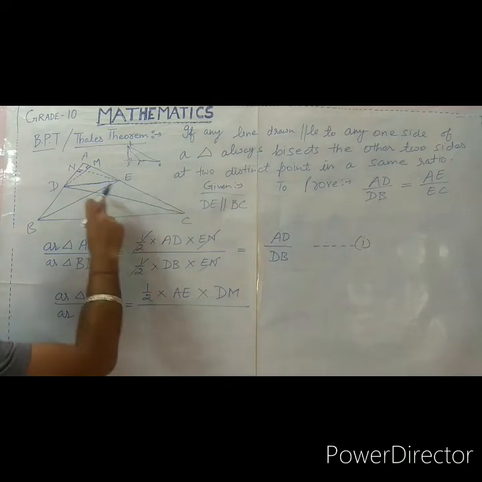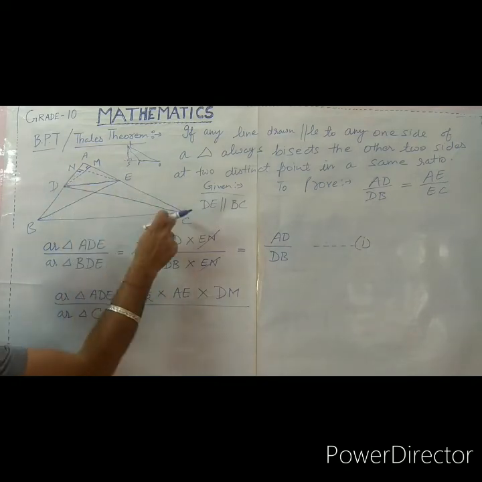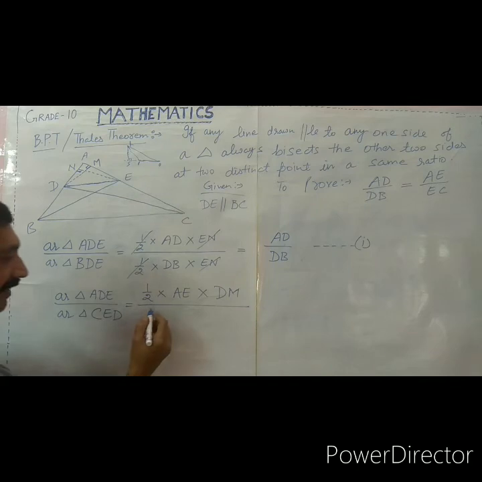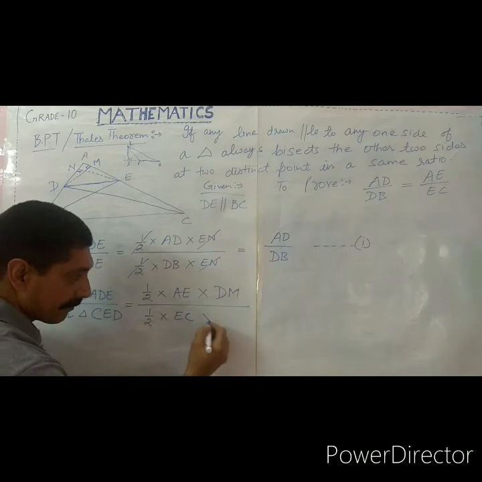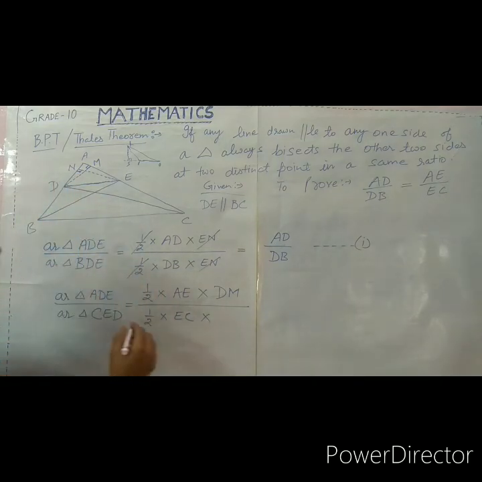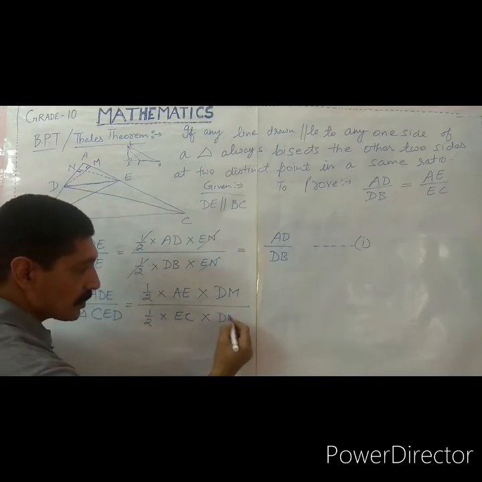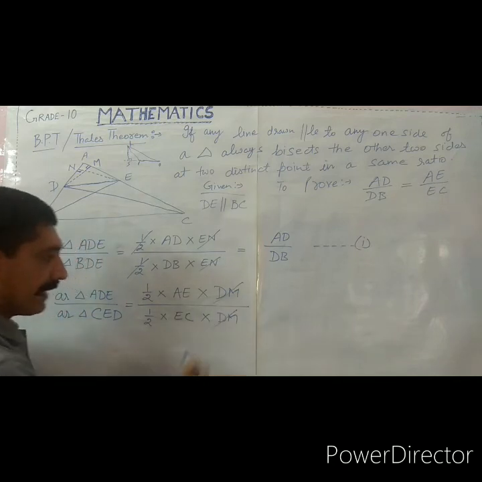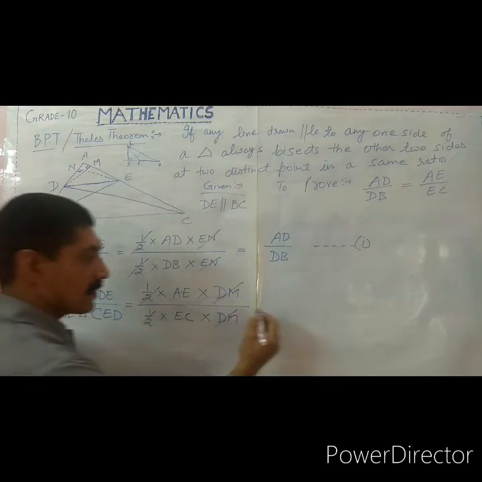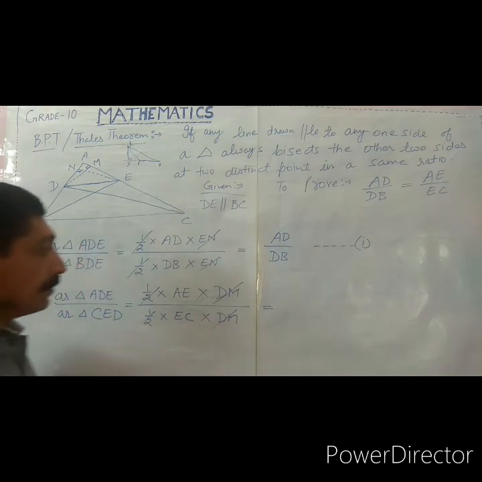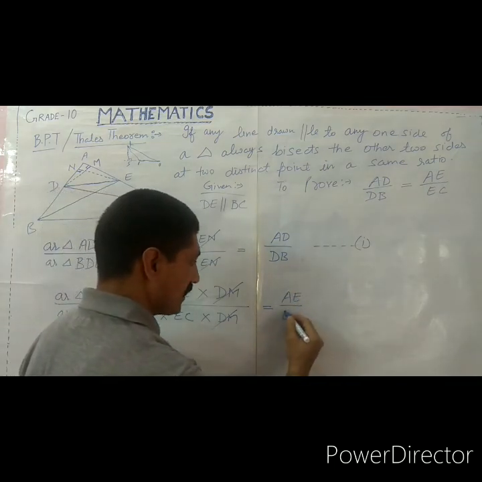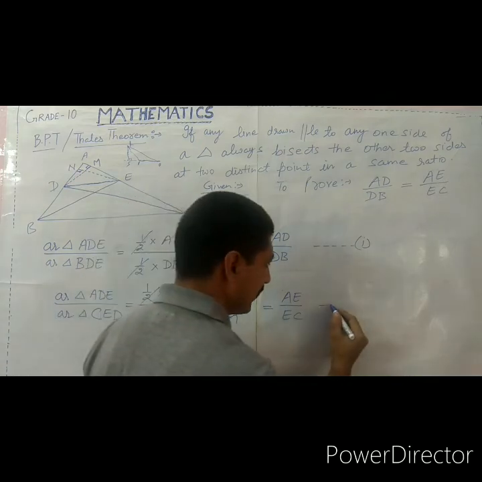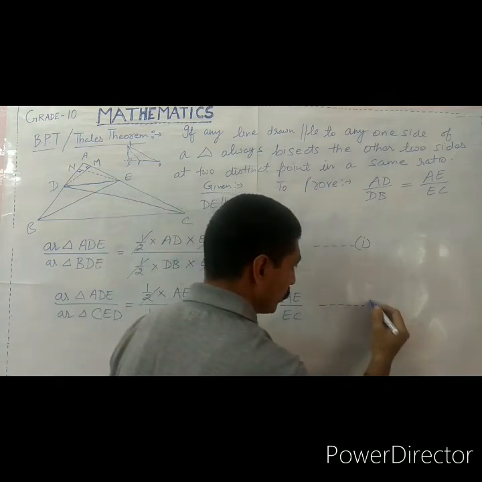So now triangle DEC or CED, its area is half into base EC and its corresponding altitude will be DM only. So here DM cancels with half. So this is equal to AE upon EC. This is equation number 2.